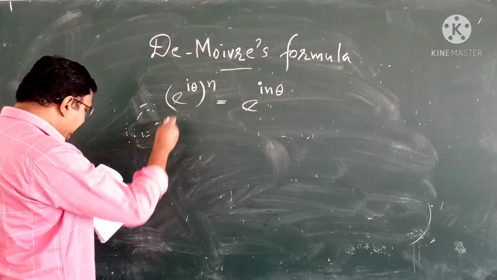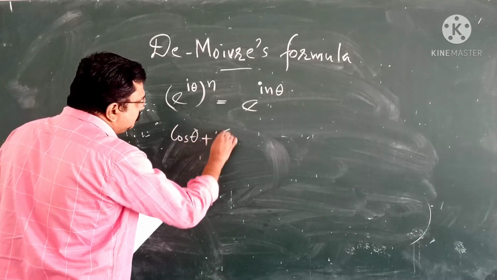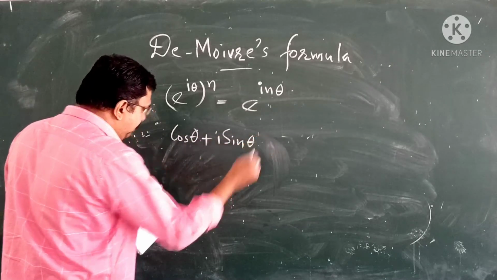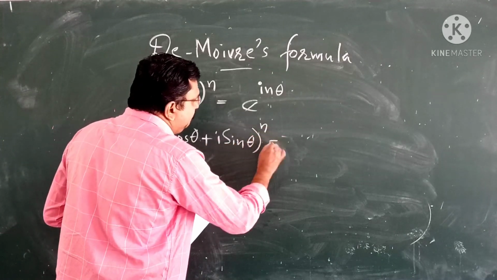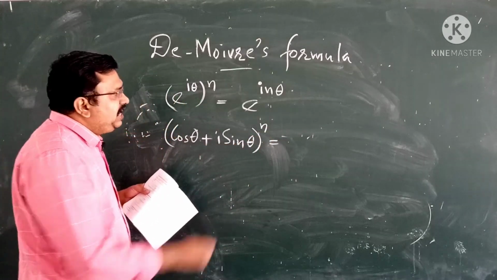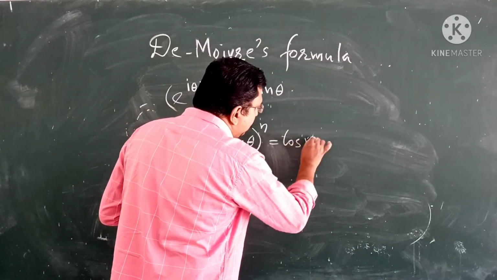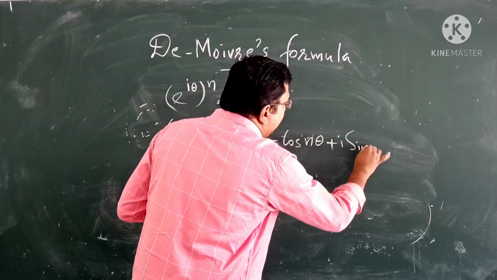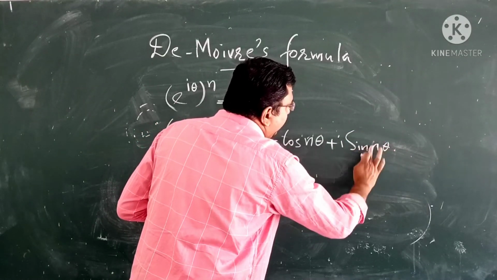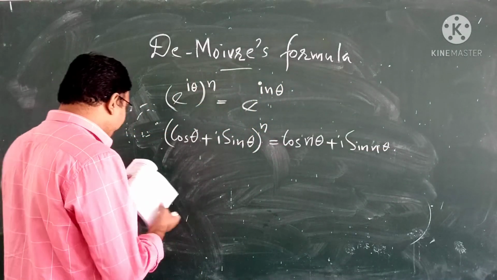We know that e raised to I theta is cos theta plus I sin theta, the whole raised to n, which is equal to e raised to I n theta, that is cos n theta plus I sin n theta. Okay, cos n theta plus I sin n theta.